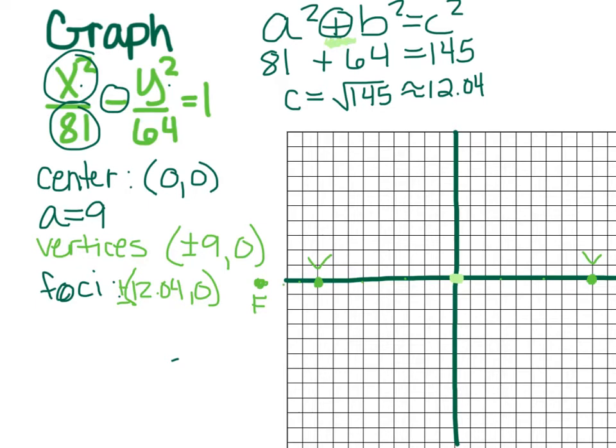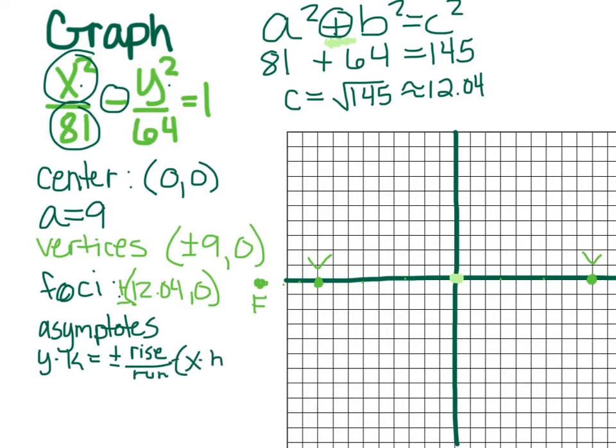All right, now we don't have covertices, but we do have asymptotes. And the equation of your asymptotes is always y minus k equals plus or minus rise over run of your slope, and then x minus h. But in this case, we don't have an h or a k, so we just have y equals plus or minus something times x.